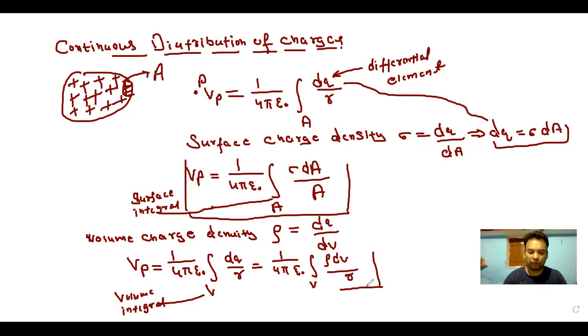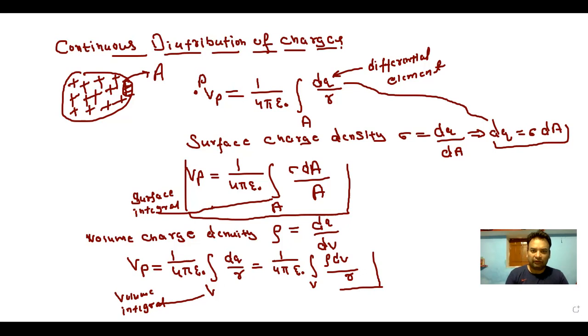In discrete distribution, we use the summation sign, and in continuous charge distribution, we use the integral sign. We take the surface integral if the charge is distributed over some area and we want the potential. Likewise, if the charge is distributed over the volume, then we will take the volume integral.